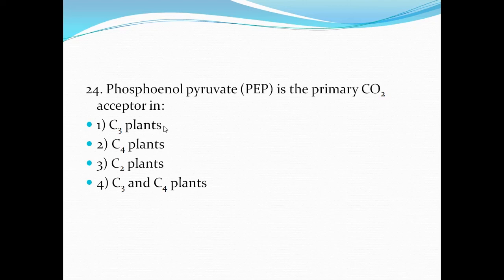Those HCO3 ions combine with the three carbon compound, phosphoenol pyruvate, to form a C4 compound, that is oxaloacetic acid. So in C4 plants, phosphoenol pyruvate combines with bicarbonate ions to form the four carbon compound oxaloacetic acid. That is why we can say that it is the primary acceptor in C4 plants.